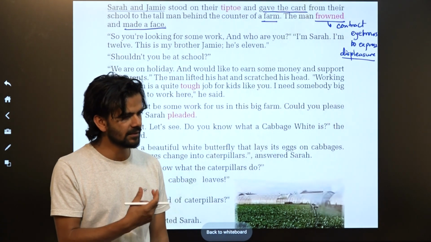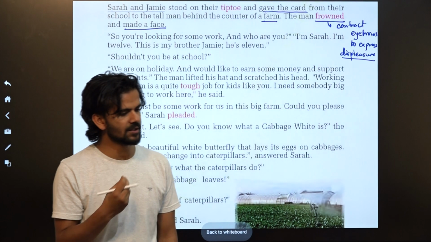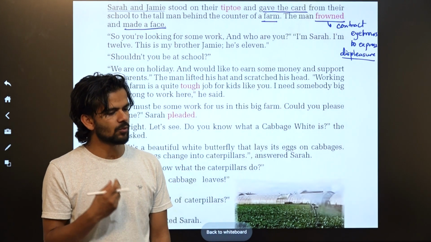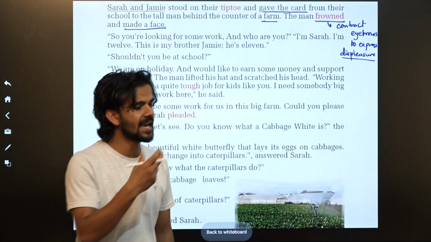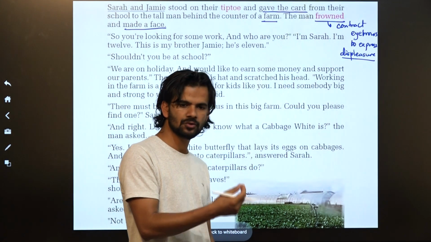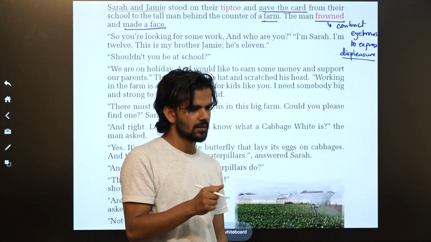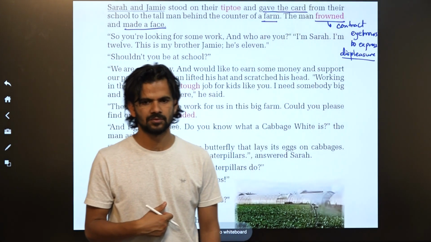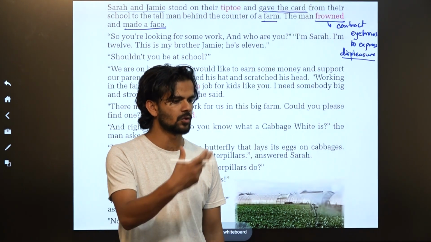Shouldn't you be at school? He questions whether they should be at school. They were supposed to be at school probably. Or maybe he does not know, because who comes to work at a farm at 11 and 12? They were probably trying to volunteer for a day or two, right?